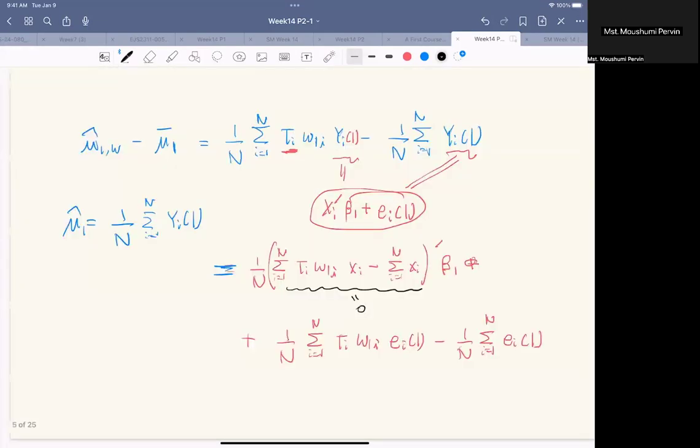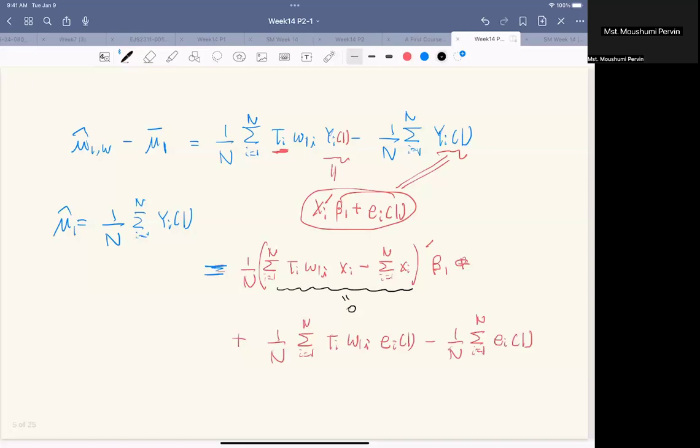If this is 0, then the mean part disappears, and the second part is not equal to 0, but it is 0 in expectation. So that means this is equal to 0 in expectation.